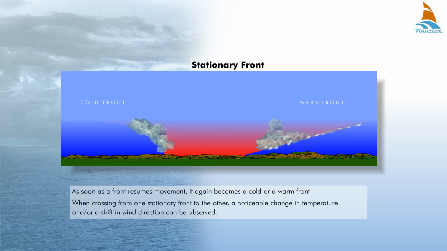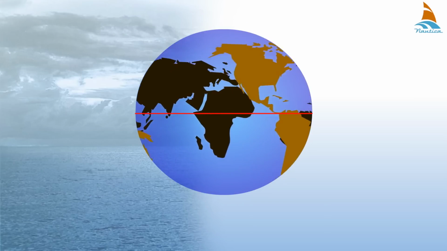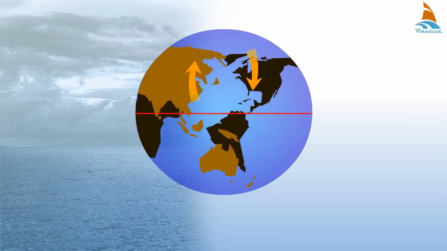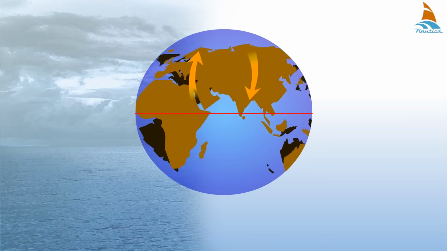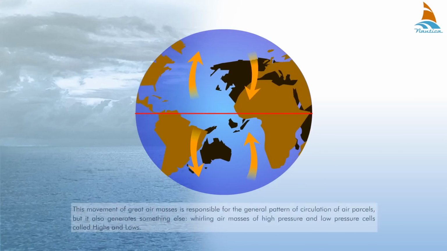The unequal heating of the Earth between equator and poles causes meridional winds. Due to the rotation of the Earth, winds are deflected to the right in the northern hemisphere and to the left in the southern hemisphere. This movement of great air masses is responsible for the general pattern of circulation of air parcels.